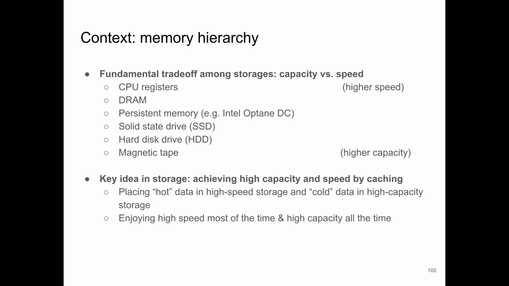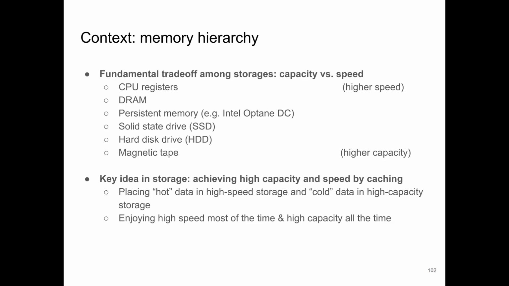The idea of caching is that we can place hot data in the high-speed and low-capacity storages and cold data in high-capacity and low-speed storages. Here, hot means that we are going to use this data very frequently, and cold means that we are not going to use this data in the near future. So hot data is used frequently and cold data is used infrequently.